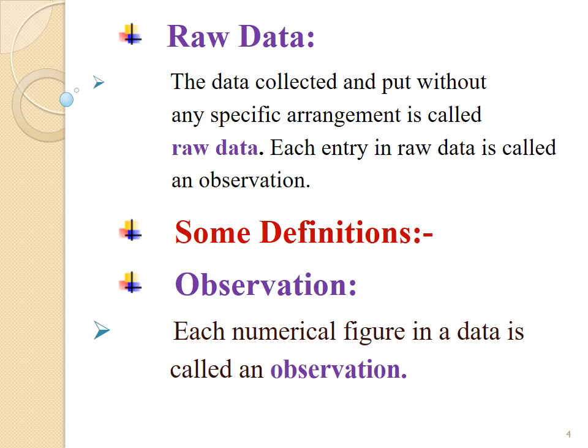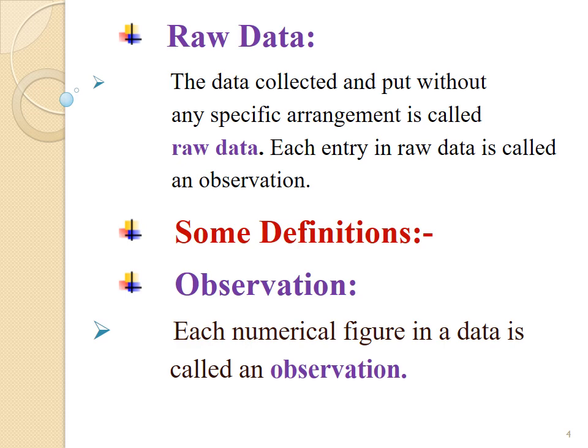Raw data. The data collected and put without any specific arrangement is called raw data. Each entry, that is number, in raw data is called an observation. Array.